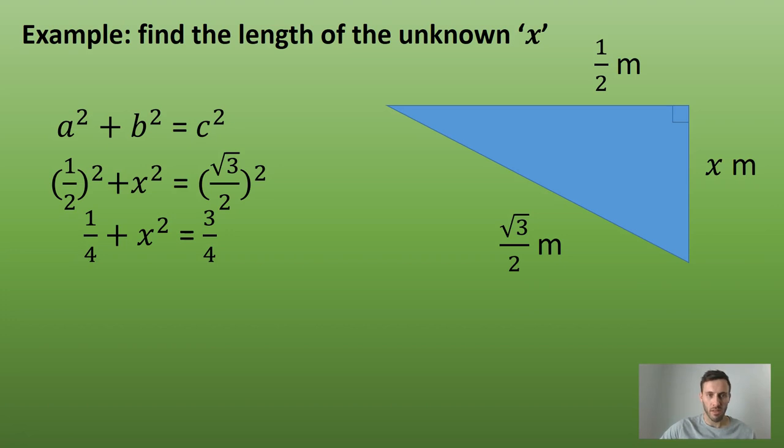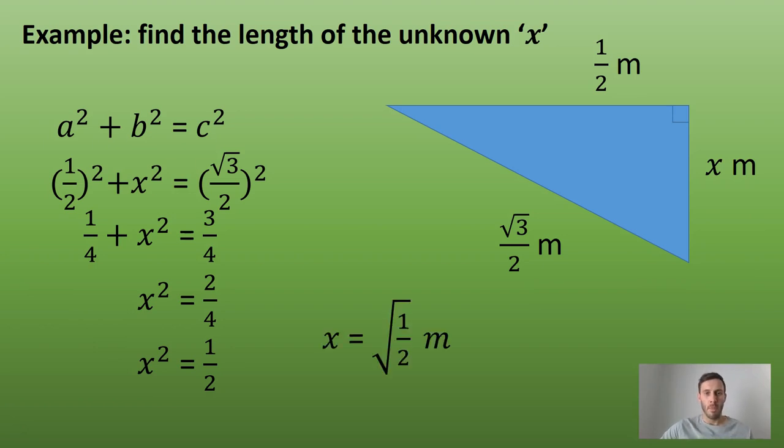Now we're just left with fractions. All we have to do is take away a quarter from both sides, and we're left with x squared equals 2 on 4. Now this can be simplified to x squared equals a half. And now we just take the square root of both sides. So x equals the square root of 1/2 meters. It wasn't that difficult.